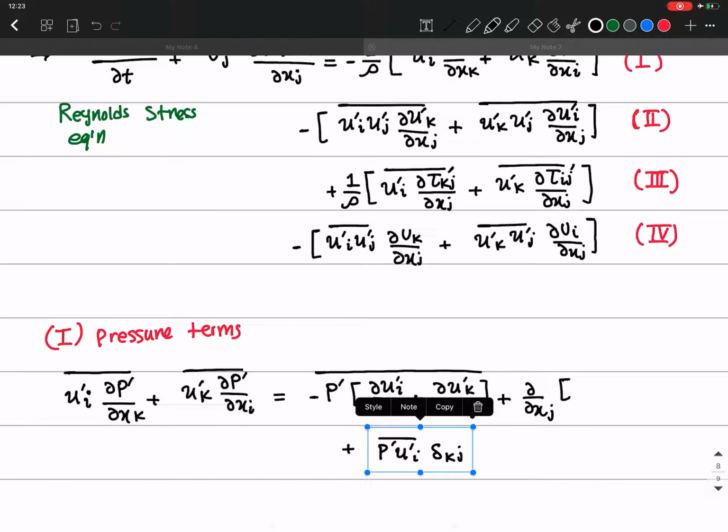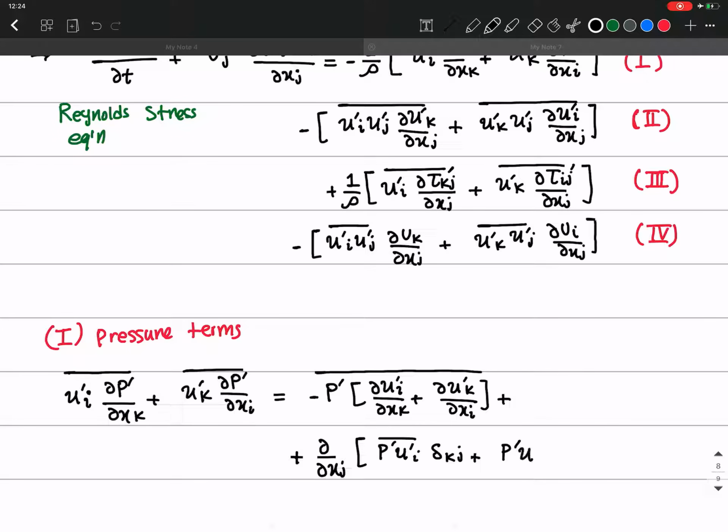I think that's better if I write it down here, plus partial over partial xj of this term plus p prime u prime k bar delta ij.